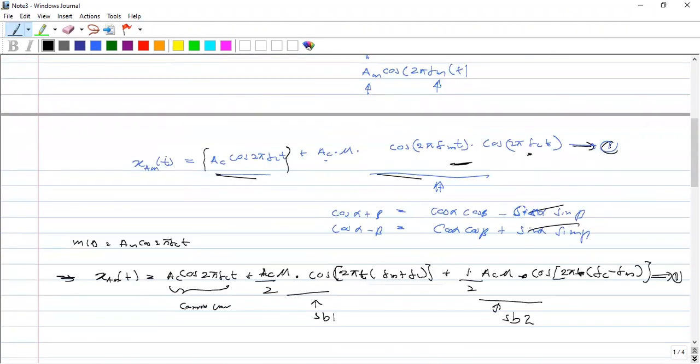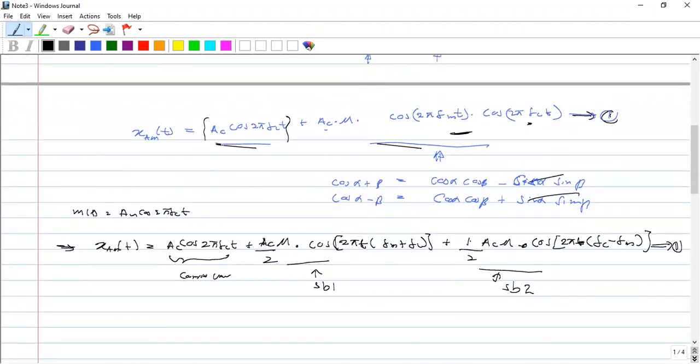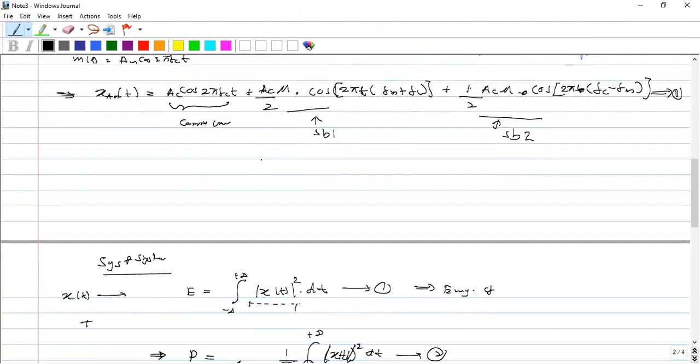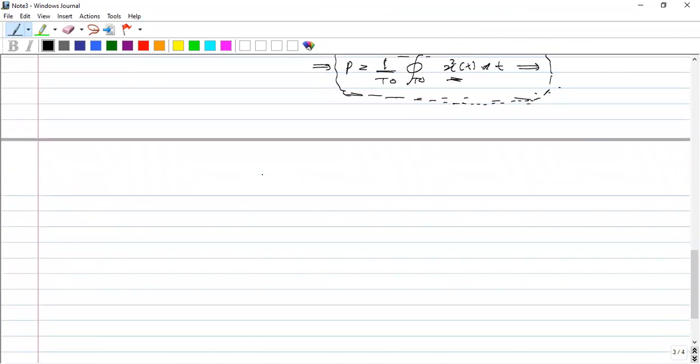So this is the carrier signal, and I will get that separately. c(t), this is the carrier signal, Ac cos 2 pi fc t.